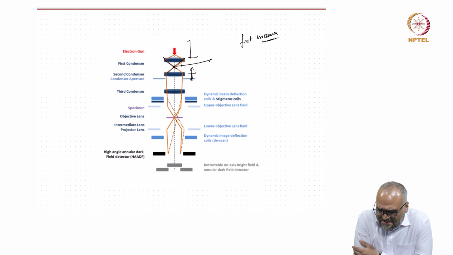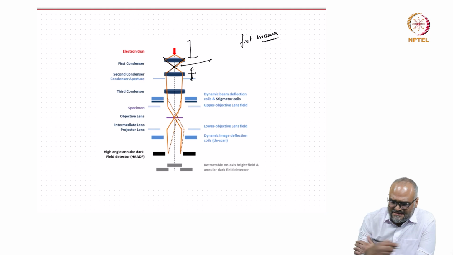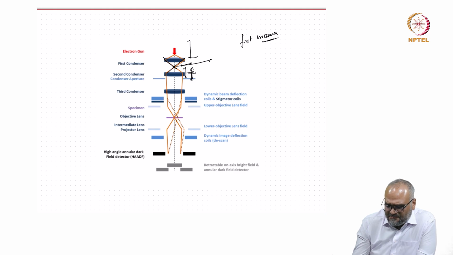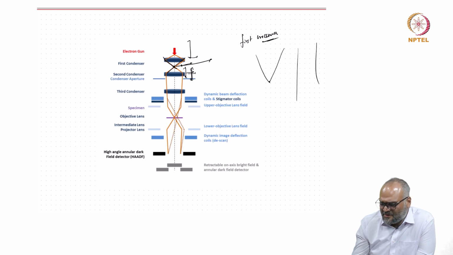Now, what happens here is, by making this first condenser have the crossover point at the back focal plane of the second condenser, I can control whether my illumination or the electron beam is going to have a sort of a converged probe kind of a path or a parallel illumination.